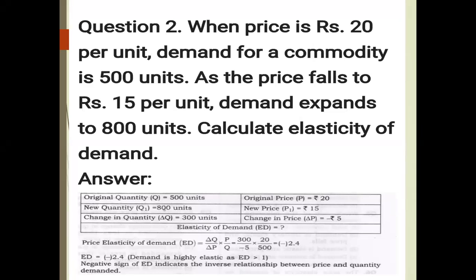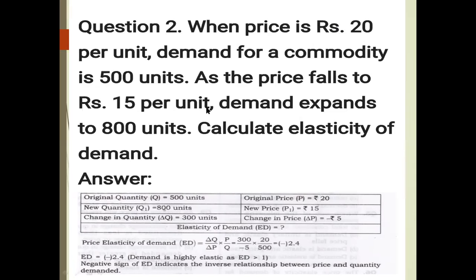The question says, when the price is 20 per unit, demand for a commodity is 500 units. As the price falls to rupees 15 per unit, demand expands to 800 units. Calculate the elasticity of demand. So you see here, the original price is 20, and with respect to this 20 rupees the original quantity demanded is 500.